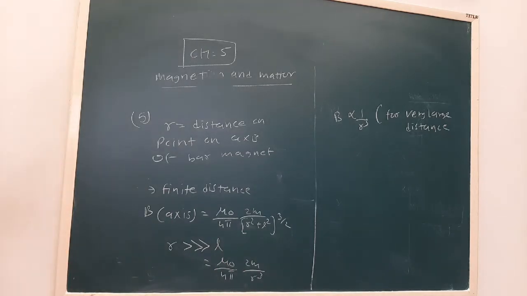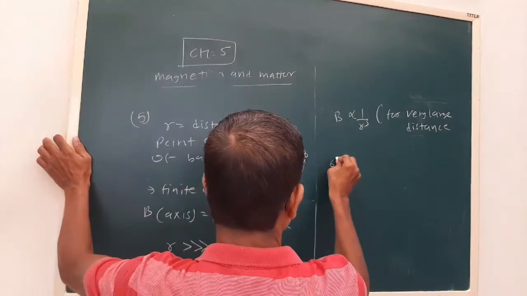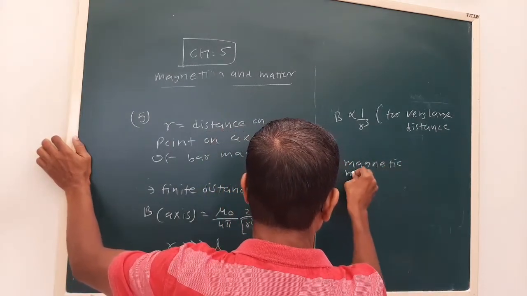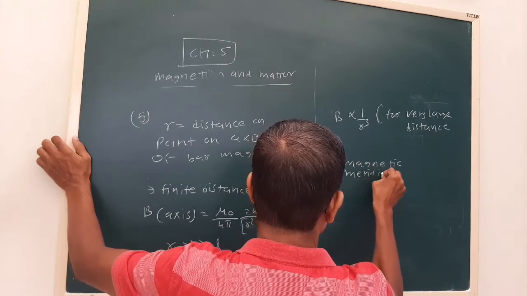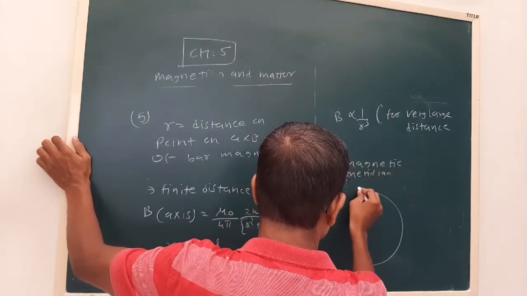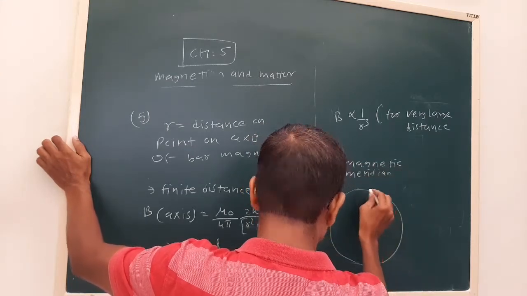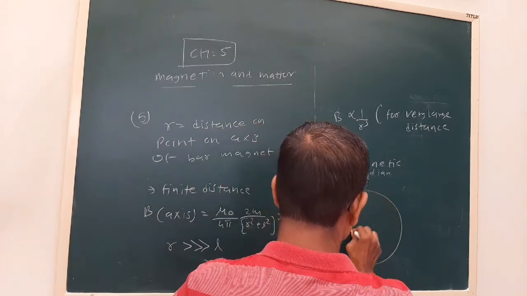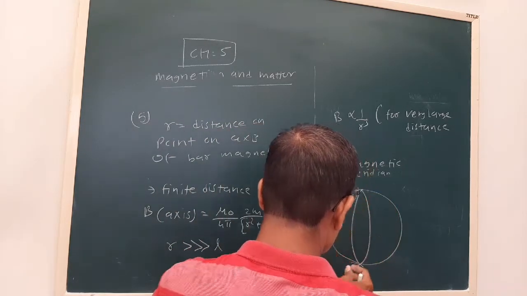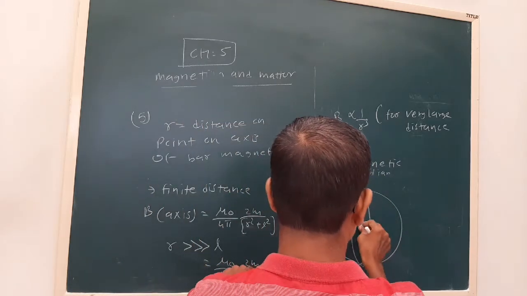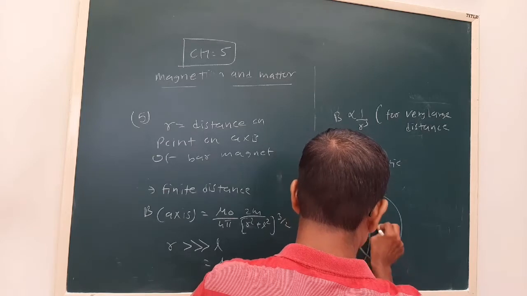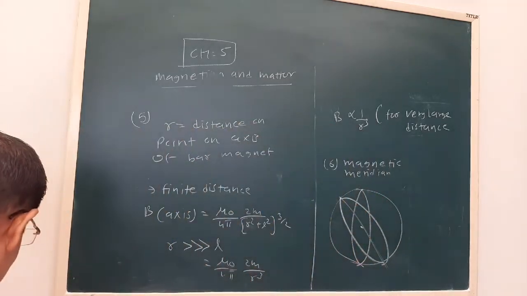Now see, next MCQ is, what is magnetic meridian? Now see, this is our geographic meridian. We have seen in the theory, this is our magnetic meridian.